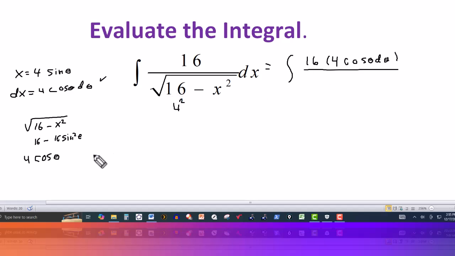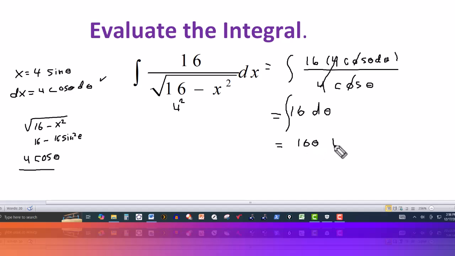And then this radical here comes out to 4 cosine theta. 4's cancel out here, cosine and cosine cancel out. So all we're left with then is 16. That is the integral of 16 d theta. So we integrate with respect to theta here, and we get 16 theta plus the constant of integration.